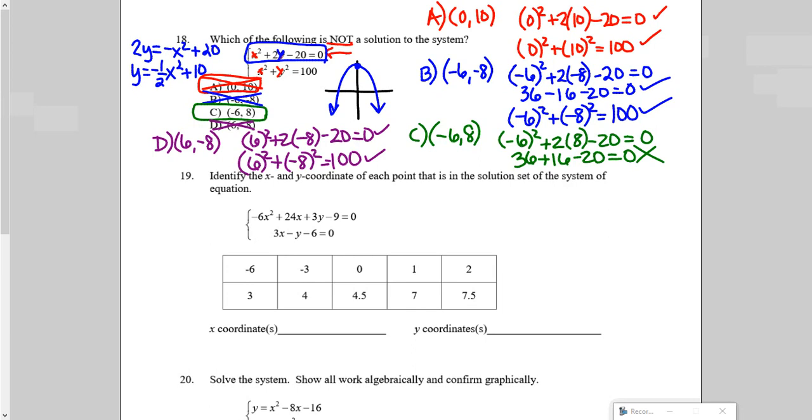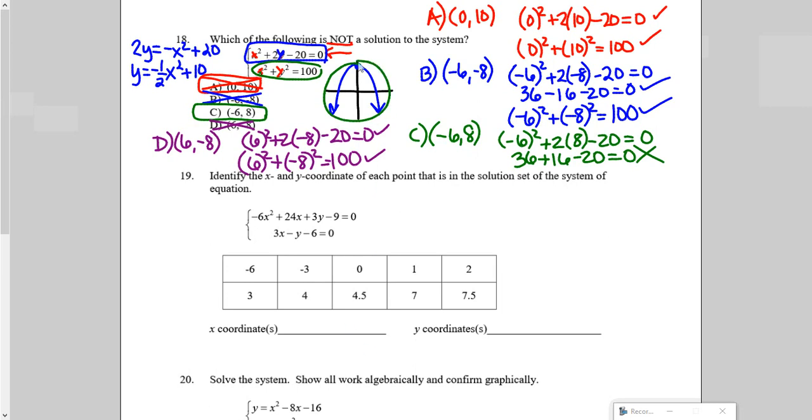Okay. This bottom equation is a circle. The center is at the origin because the x and y have not had anything added to them, and the radius is 10. Remember, I was up here at 10 for this point, so when I go like this and make my circle, it looks like I should have 3 answers.